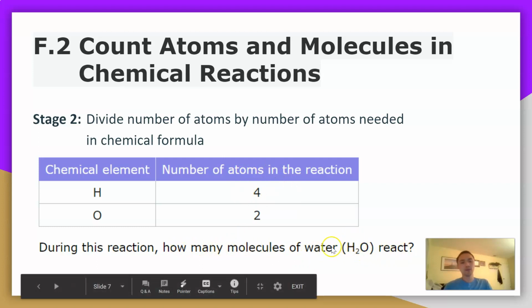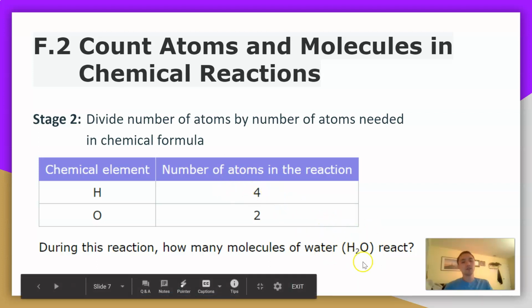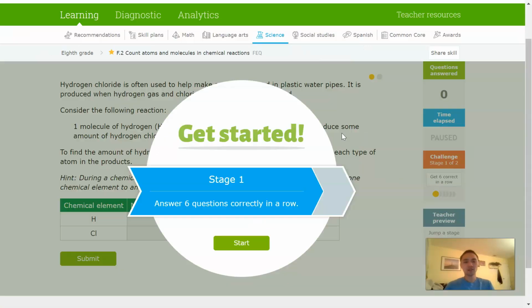Right here in the chemical formula, there are 2 H's because the subscript of 2 is affecting the H. So you would say 4 atoms divided by 2 atoms needed for each H2O gets you a total of 2 molecules. Hopefully it'll make more sense if we get there, so let's try a couple out.